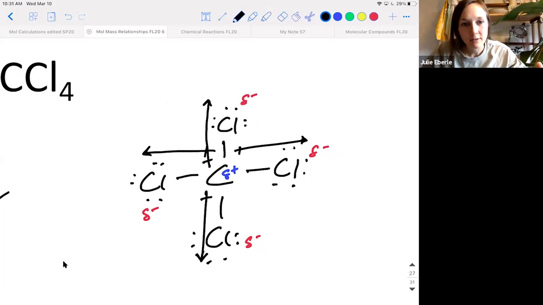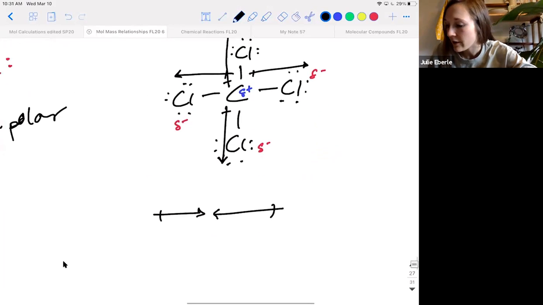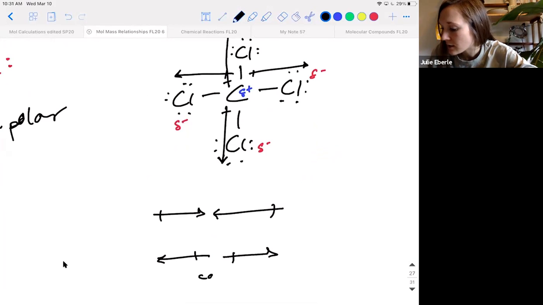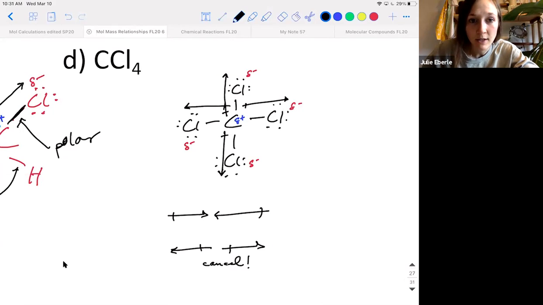And what you notice, remember, if arrows are pointing towards each other, they don't cancel. If arrows are pointing away from each other, opposite directions, they do cancel. There's all kinds of symmetry in this molecule. So every single one of these dipoles, the up and the down arrows, those cancel. The left and the right arrows, those cancel. So this molecule overall is nonpolar.